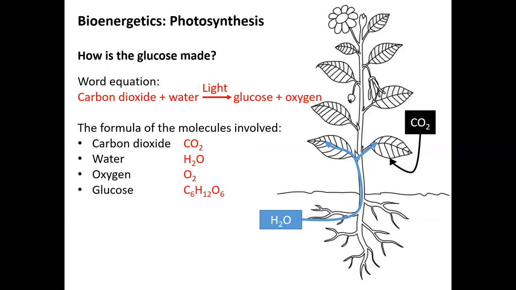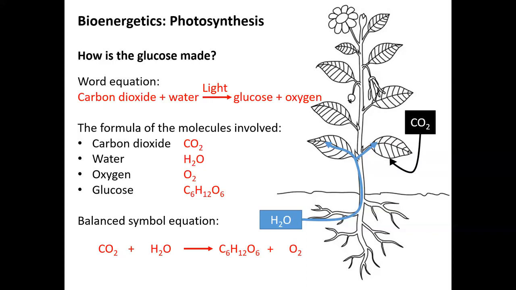Now that we know the formulas of the reactants, carbon dioxide and water, and the products, glucose and oxygen, we can write a balanced equation. So we've got our carbon dioxide, which reacts with our water to produce our glucose and our oxygen. Now, this equation at the moment isn't balanced, so you've done balancing equations in chemistry. I'm not going to go through how to balance it.